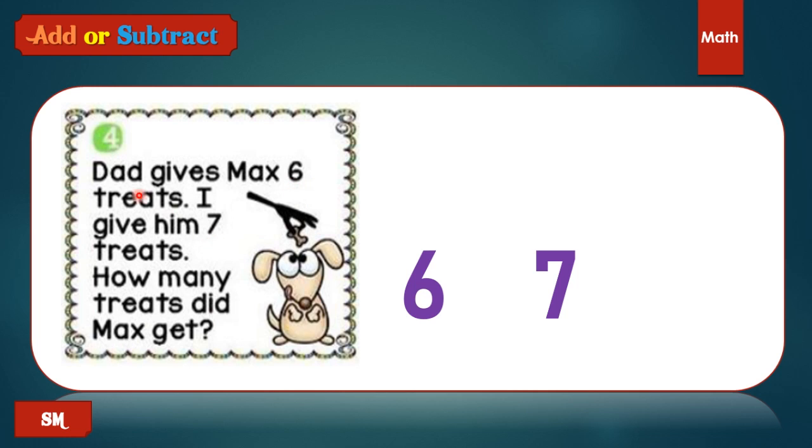Or I say Dad gave Max 6 and I give 7. So Dad gives and I give. We both give Max. So I'll count all of them, right? He said here, how many treats did Max get? He got 6 and 7. He got both of them.